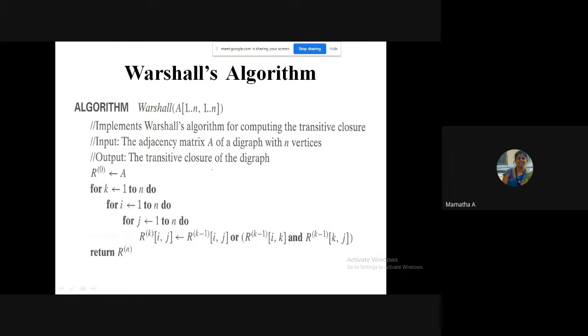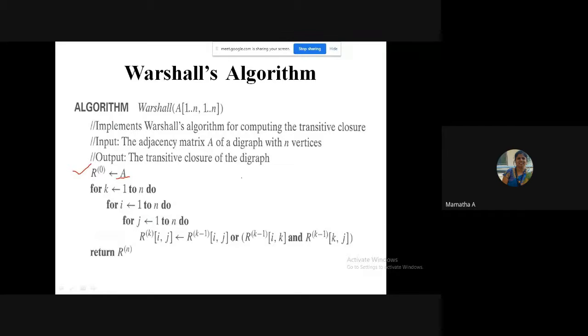Now, first let me initialize R0. R0 is nothing but my adjacency matrix. You can see R to the power 0 is nothing but my adjacency matrix. Then, what should I generate? Using R0, I should generate R1, R2, R3 goes on till Rn. So you can observe, I have to compute from R1 till Rn.